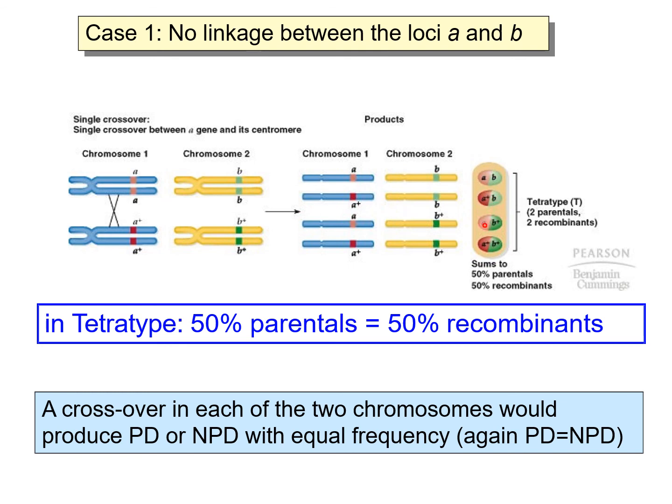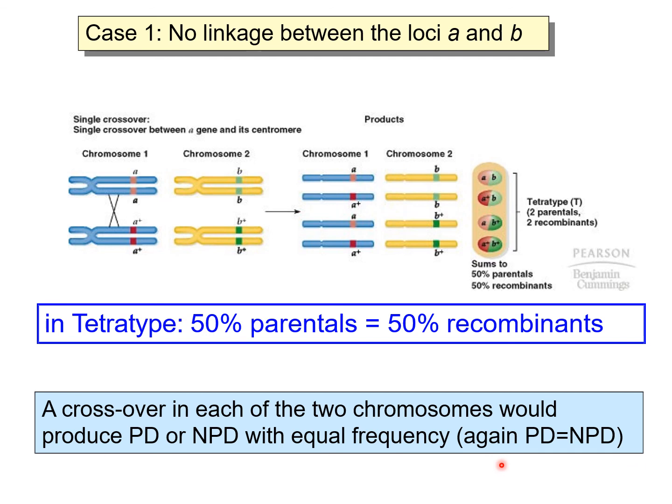So if the crossover takes place, then there would be two parental genotypes and two recombinant genotypes. Here again, 50% parental and 50% recombinant. A crossover in each of the two chromosomes would produce parental ditype or non-parental ditype with equal frequency.